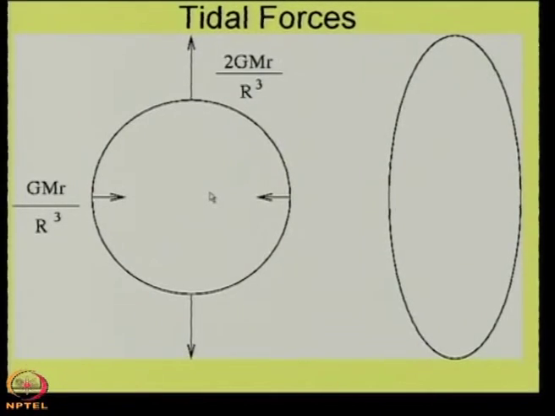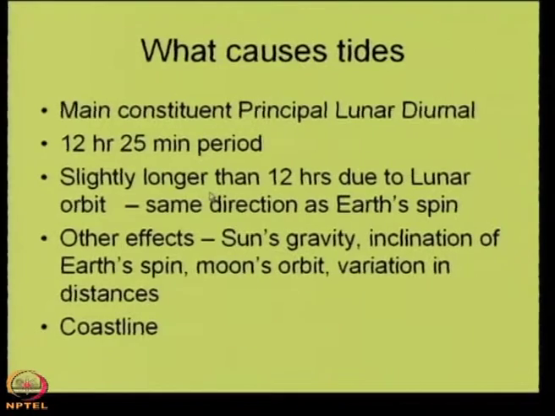And it is the moon which produces the major effect, the bigger effect. The sun produces a smaller effect. Okay. So, in most places, the main constituent of the tidal forces is the principal lunar diurnal, okay, and it has a period of 12 hours 25 minutes.